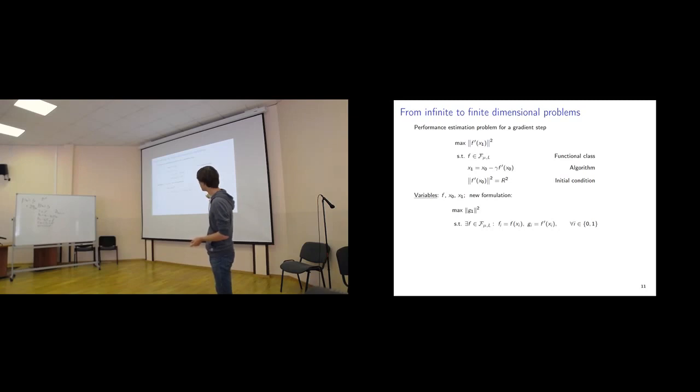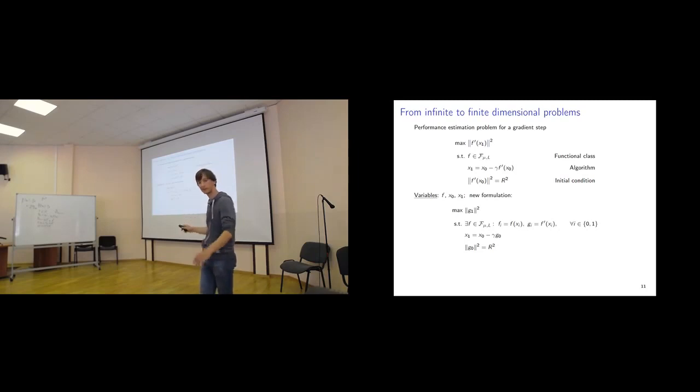We'll require that there exists f in the good class of functions such that it explains my data, the discrete version of my function. So this is my second constraint. My third constraint is that I still want x1 to be generated by gradient descent. So this is just this constraint, which is rewritten. And I still want to impose some initial condition.